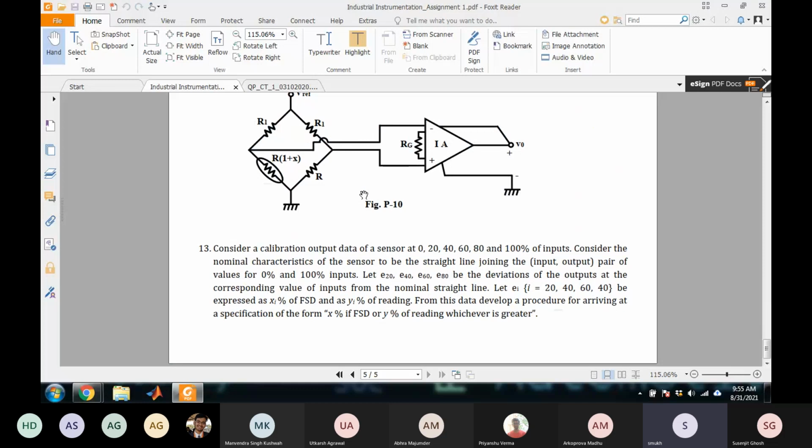If you can do problem number 13, it's more of a mathematical problem, but it's in an instrumentation setting. If you can find the answer to problem number 13, then I'll be very pleased, because it's a very interesting problem according to me.